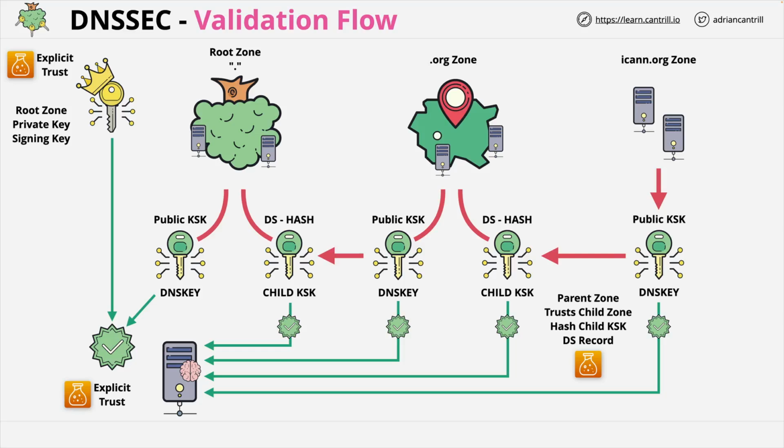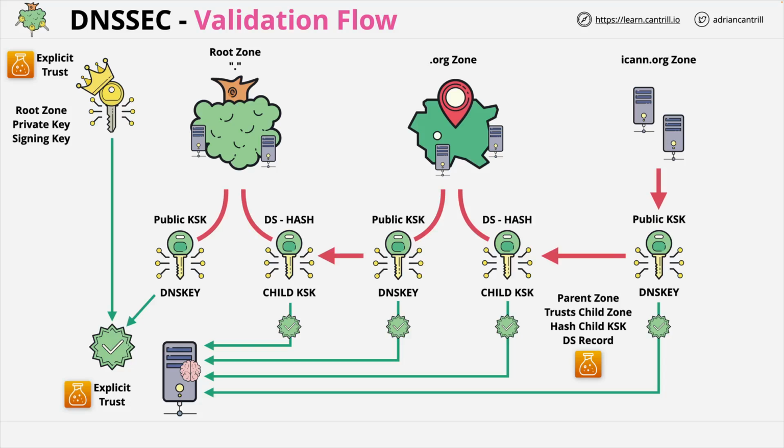We start with the trust anchor that's created during the key signing ceremony that I'm going to be talking about in a separate video, and then at every level of the DNS hierarchy, by using DS record sets, so delegated signers, we create a hash of the key signing key of the child domain, and this creates the trust from parent to child, and we follow that hierarchical trust all of the way down to the actual record sets.